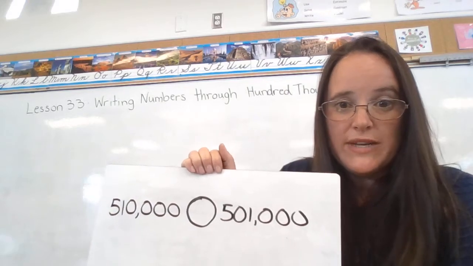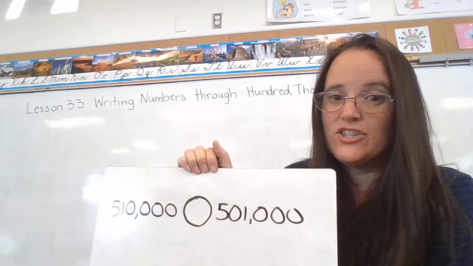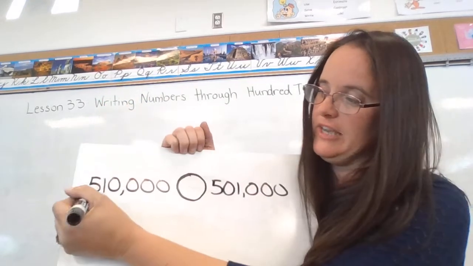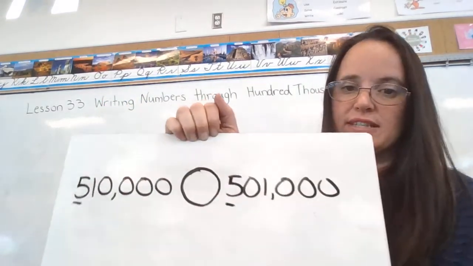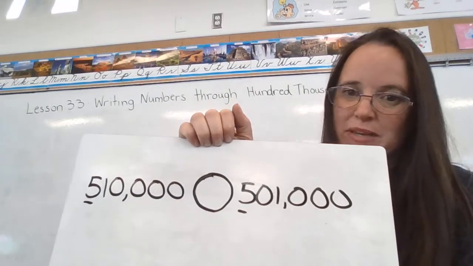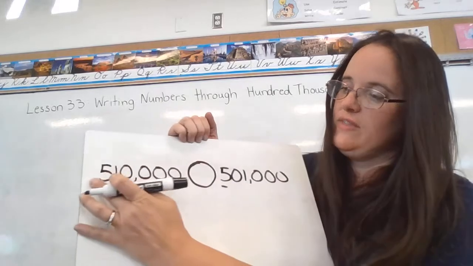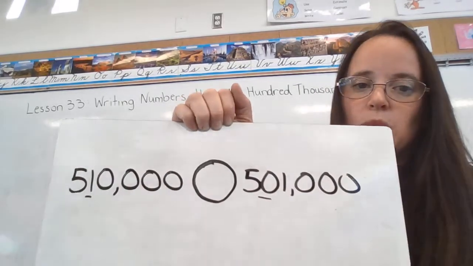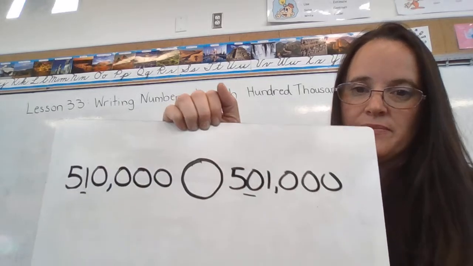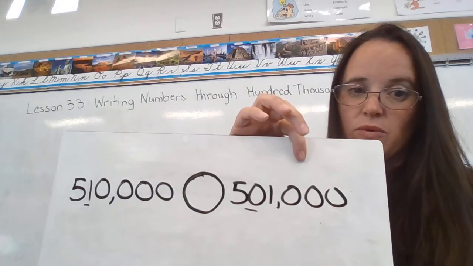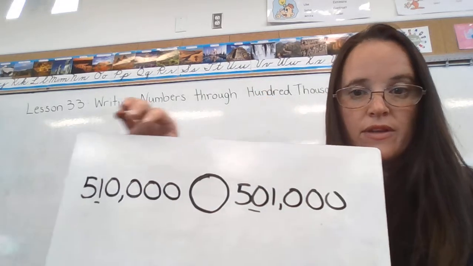We want to know which one is bigger, so we're going to start on the biggest place value. We're going to look here at the 100,000s place. They're both 5s. That doesn't help me much because they're the same. So then I'm going to look at the 10,000 place. Ooh, this is good information. This one has a 1. This one has a 0. So which one's more?